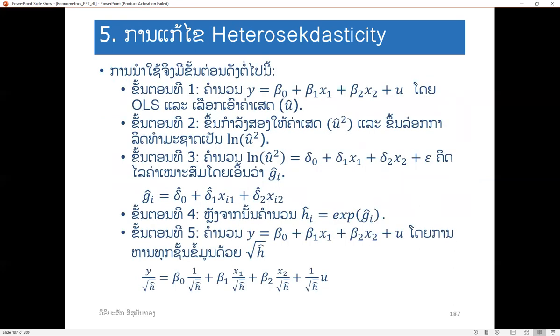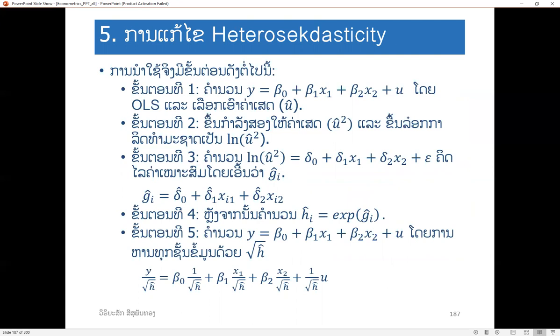In this we have five steps. First, we regress the main equation and obtain the residual. After that, we put the squared residual into logarithm form. Third, we regress the logarithm of the squared residual on all the independent variables and obtain the fitted values, g hat.